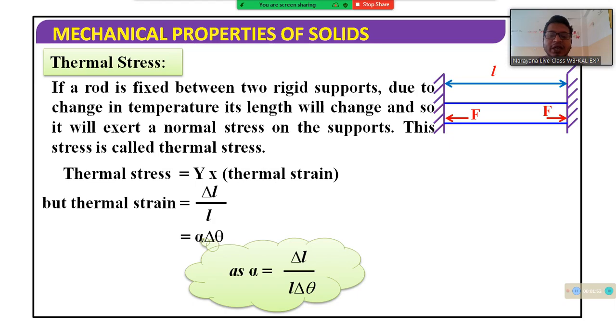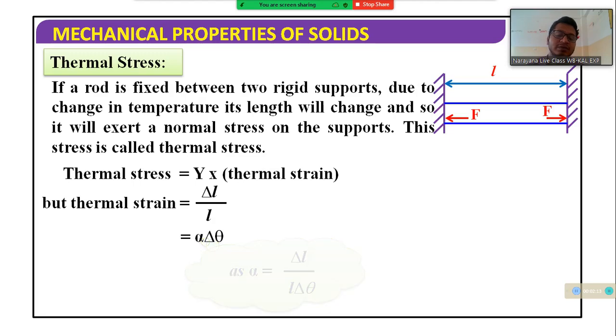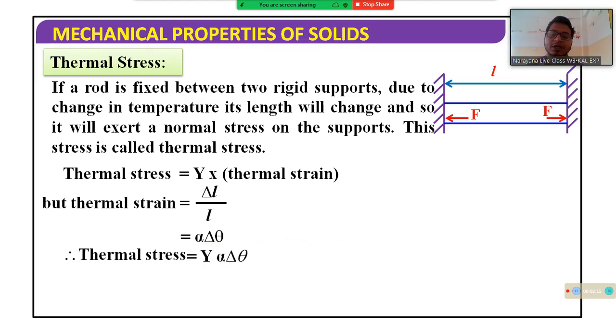Alpha equals delta L by L into d theta. Put the value in this equation, then we will get the final alpha d theta. Thermal stress equals Y into alpha into d theta.